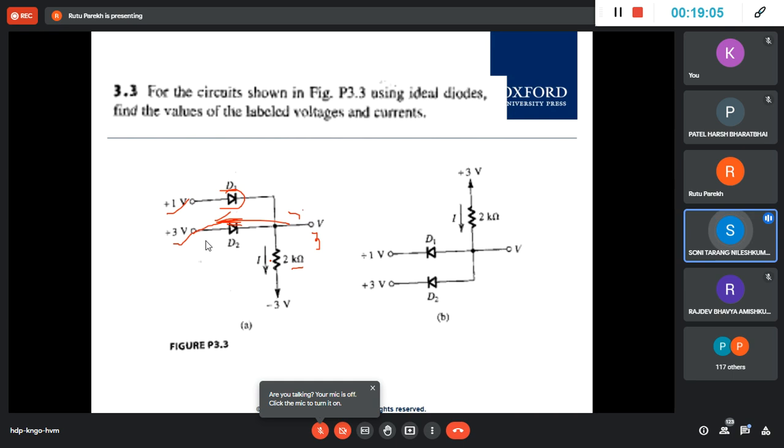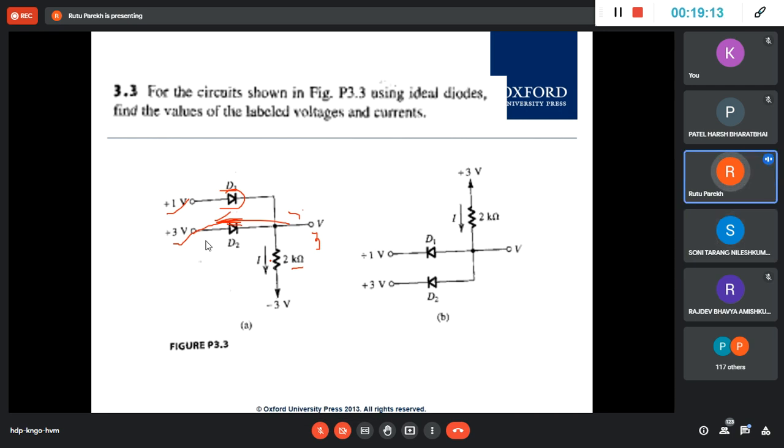But if we are considering ideal diode, then the time to appear will be 0 seconds at both. You are right. In reality, nothing is ideal, but we take ideal, okay? Once it reaches 0 and this is +1, it will start conducting.